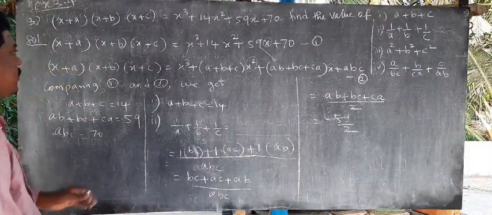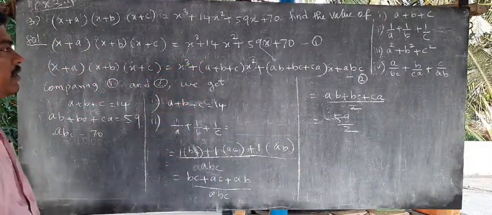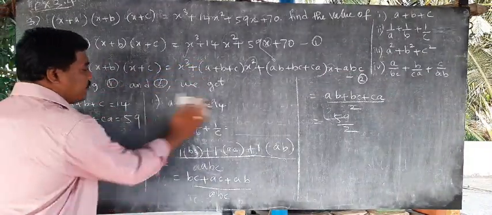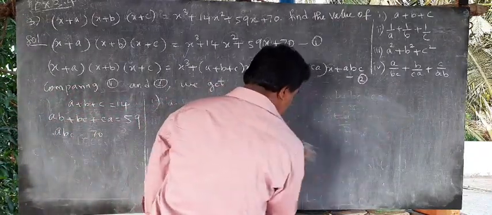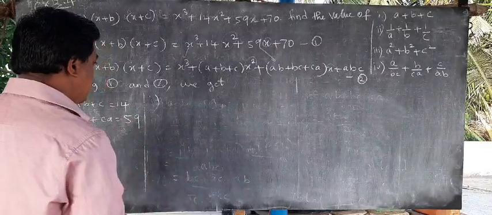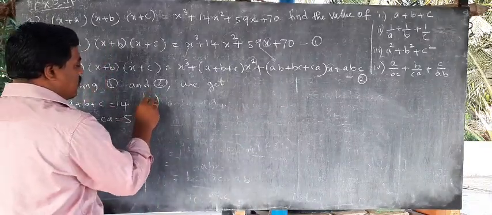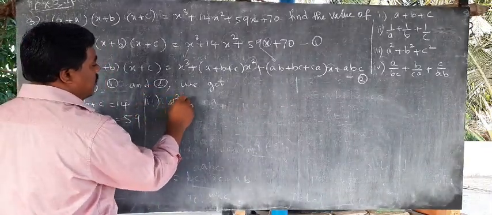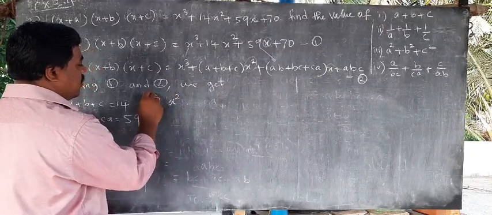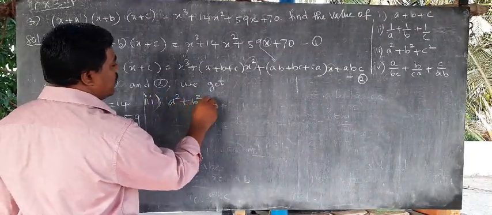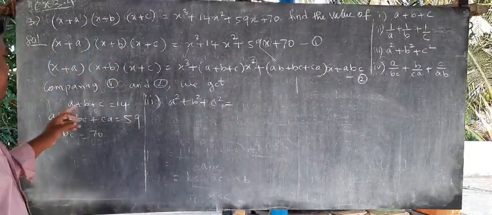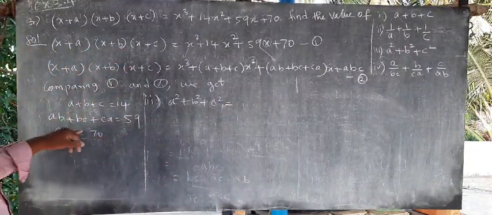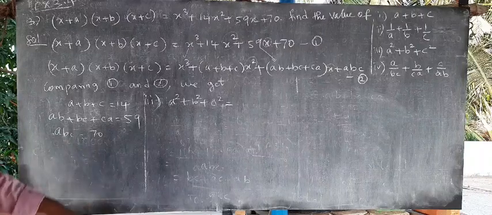So subdivision 3: A square plus B square plus C square. Here we have only A plus B plus C, AB plus BC plus CA, and ABC equal to 70.